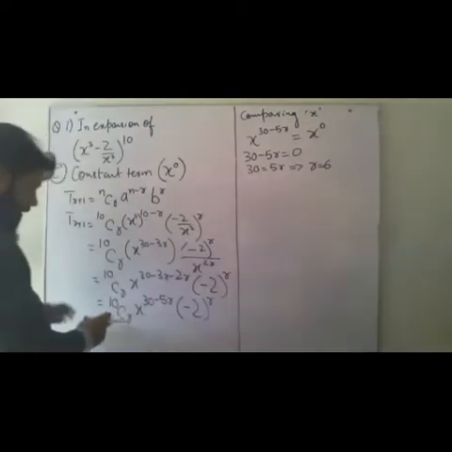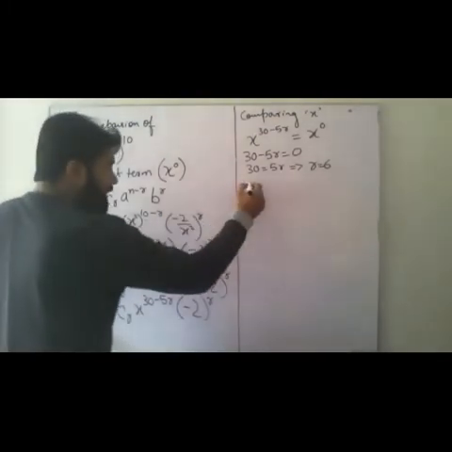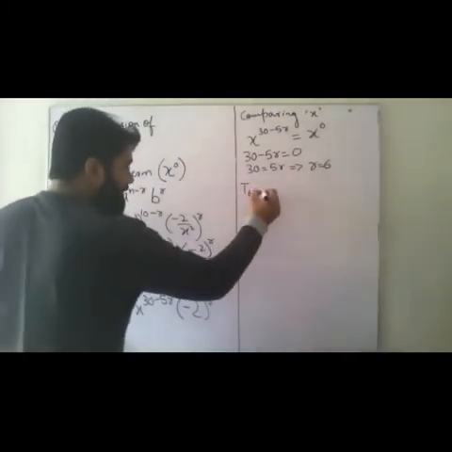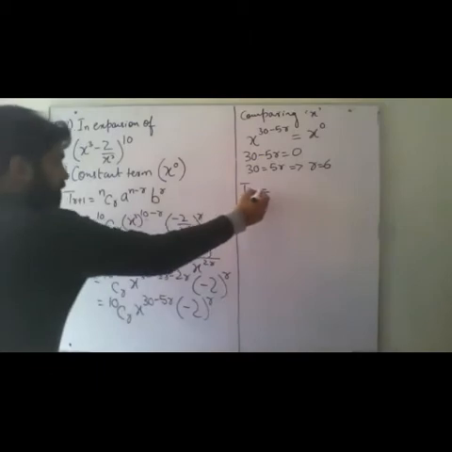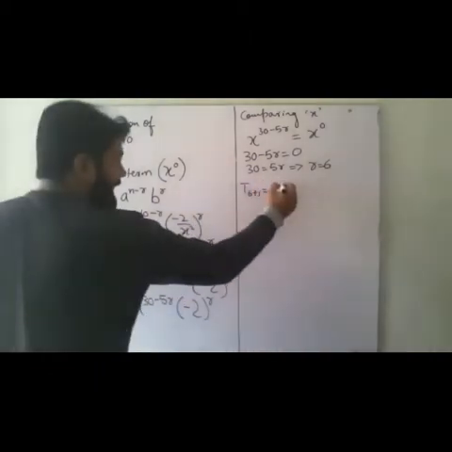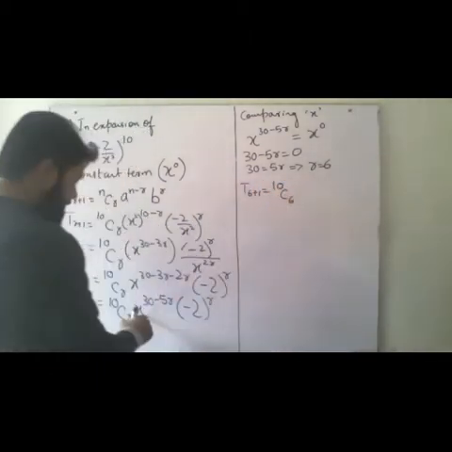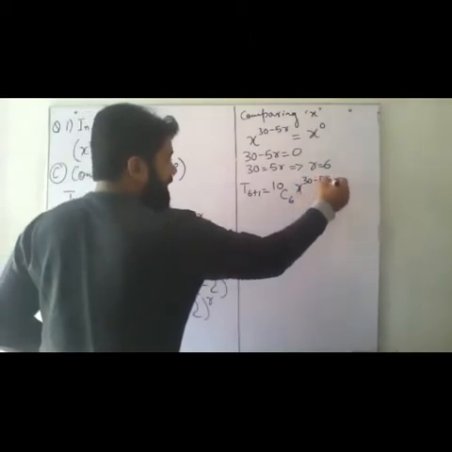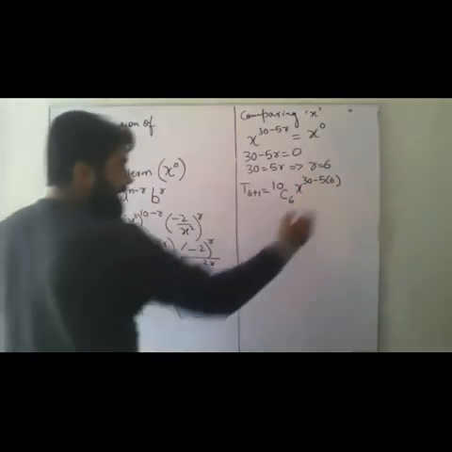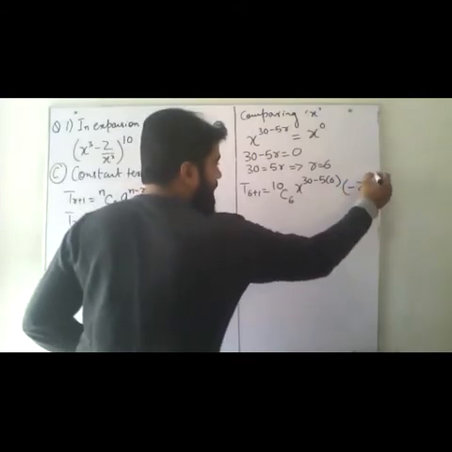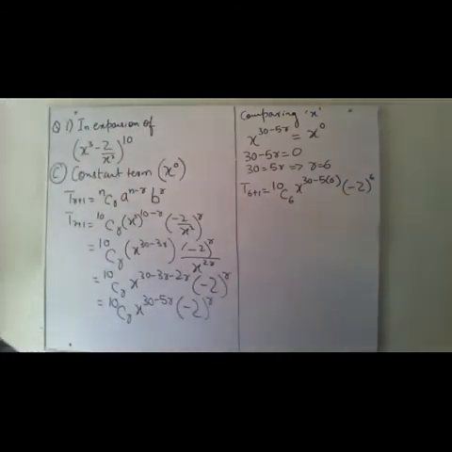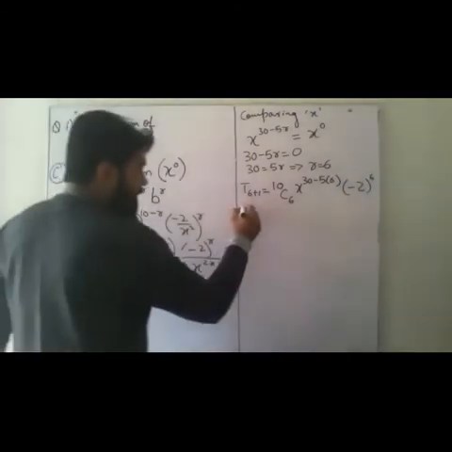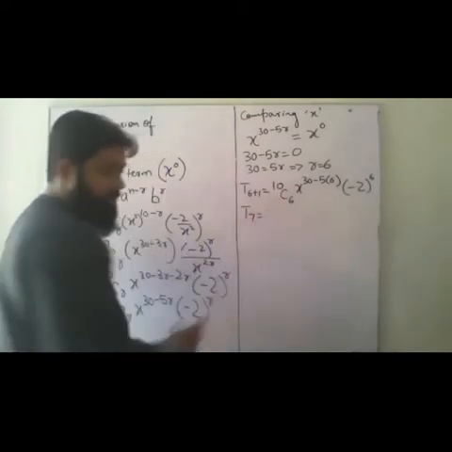So plotting it over here, T(6 plus 1) equals to 10C6 x^(30 minus 5 into 6) and then (minus 2) to the power 6. Right? T equals to 7.